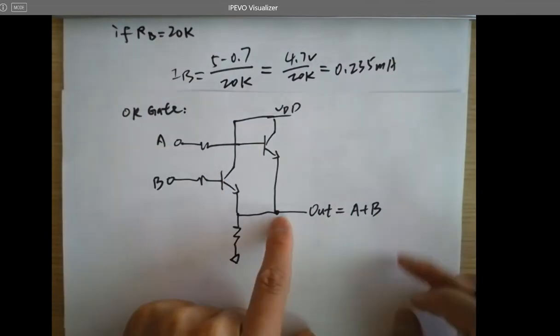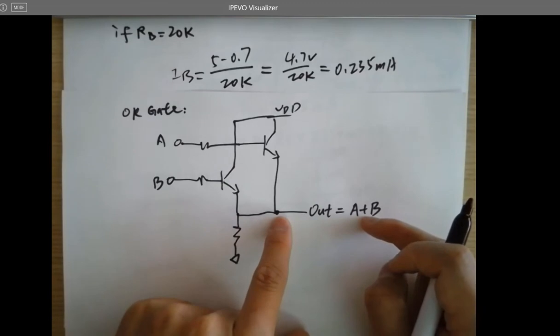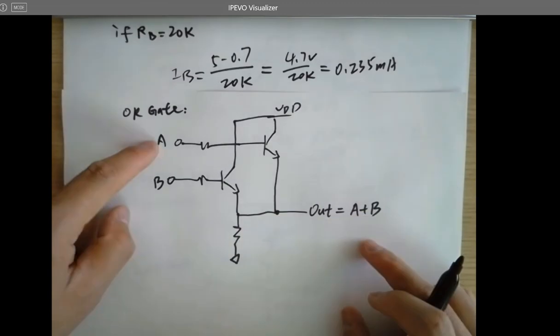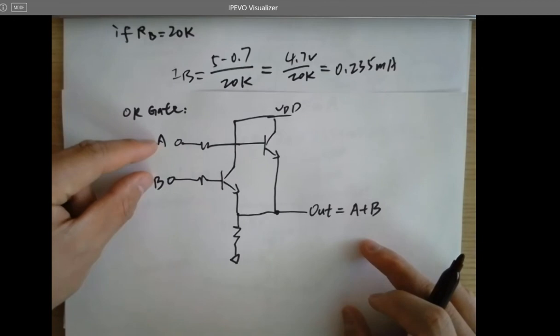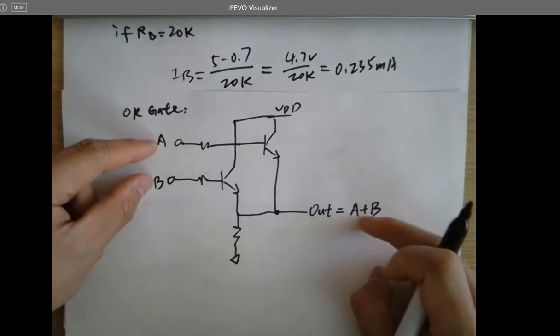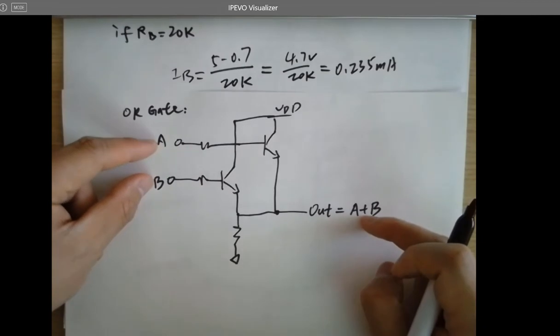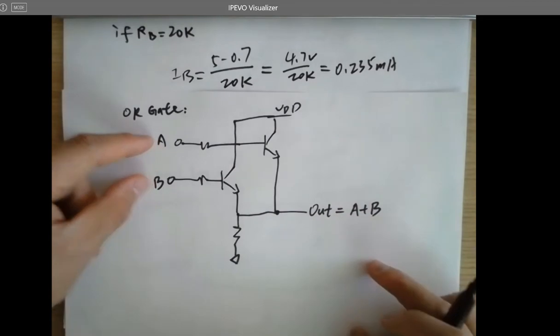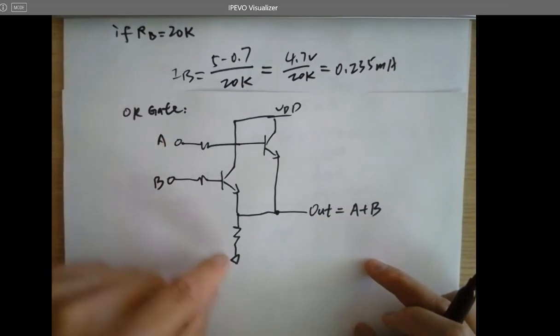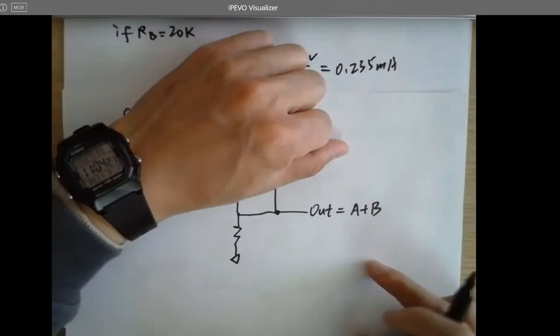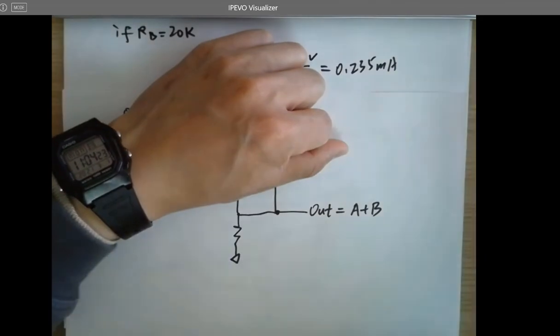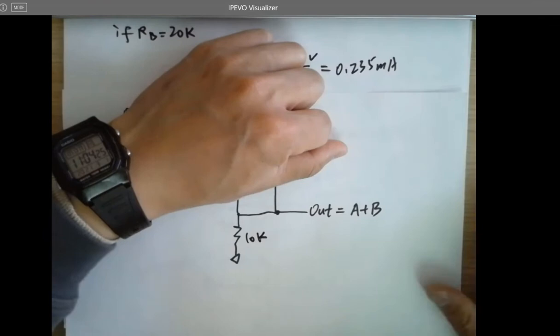So you got a high here. You just need a 1 high for either A or B, and the output will be high. And if you want the output to be 0, both A and B have to be 0 to turn it off. So it's an open circuit. It's going to be pulled down to the ground. That's a pull down resistor.